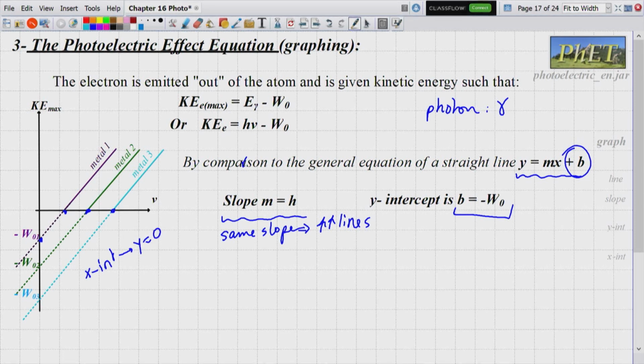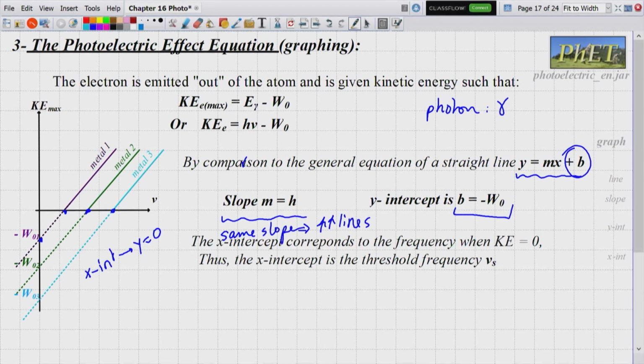Here, kinetic energy is 0. It's very important: if I go to kinetic energy 0, I get h nu equals w0. So here we get KE 0, or in other words, h nu equals w0.